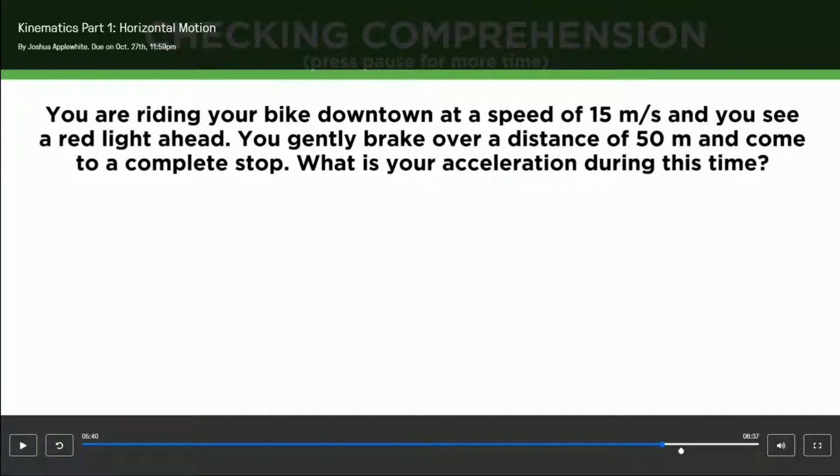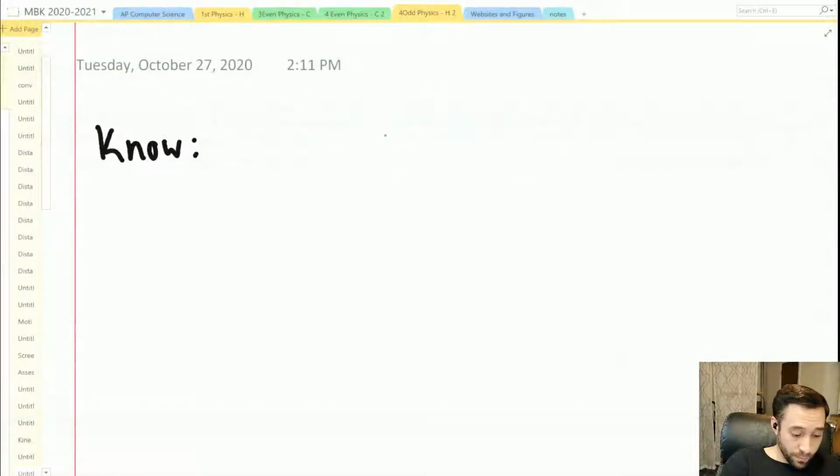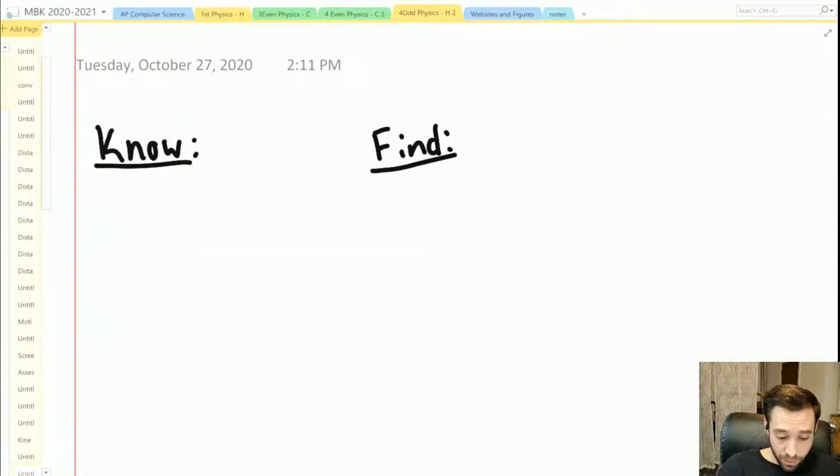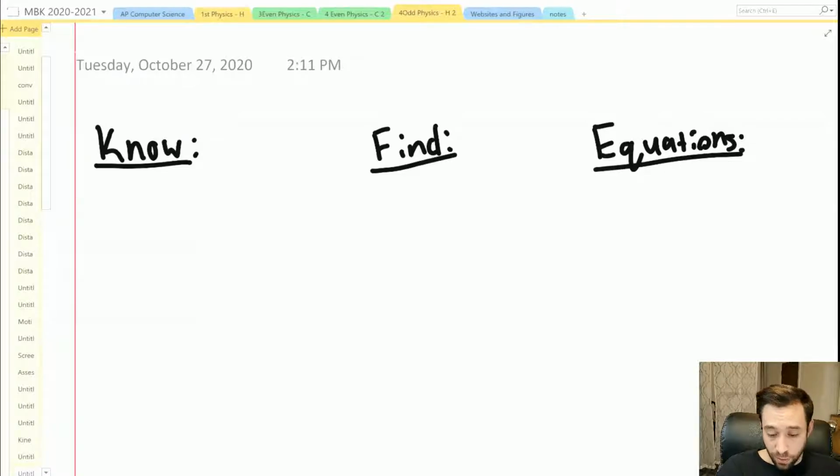Okay. So I'm going to write down what I know. I'm going to figure out what I need to find. And I'm going to then write down any valid equations that I think will be helpful.